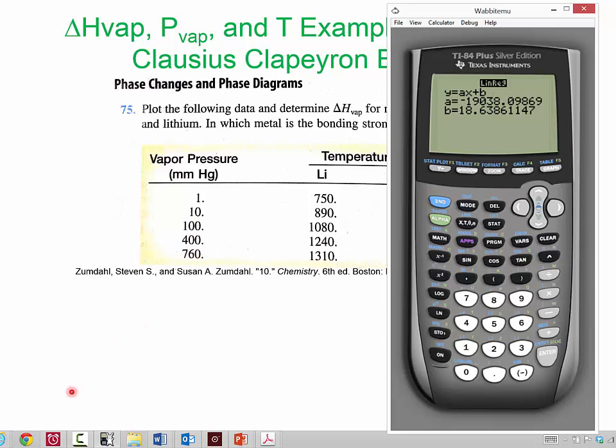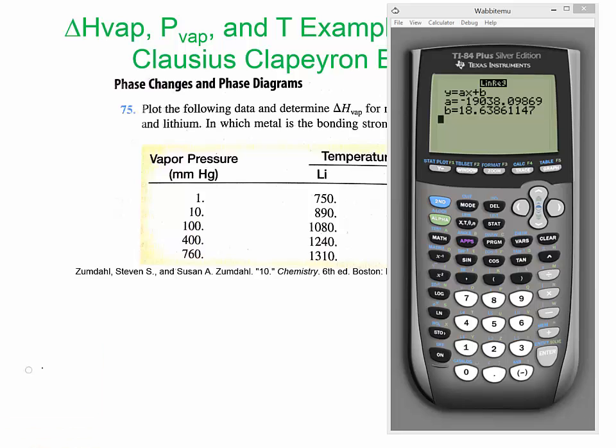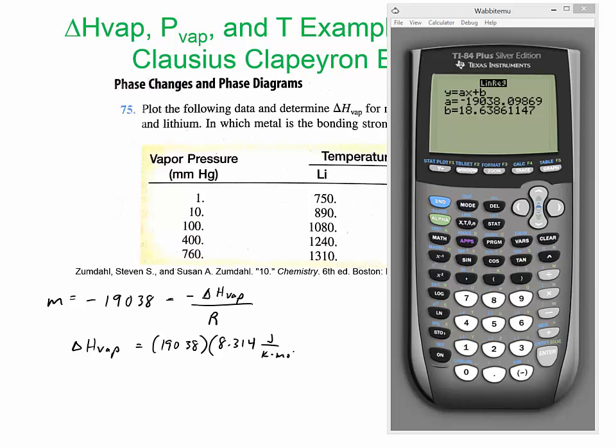Okay, so over here on my work, I'm going to write m equals negative 19,038, which is equal to negative enthalpy of vaporization over R. Then solving for enthalpy of vaporization, I get 19,038 times R, which is 8.314 joules per Kelvin times mole.